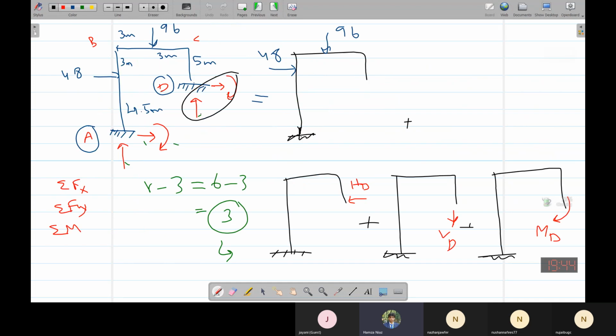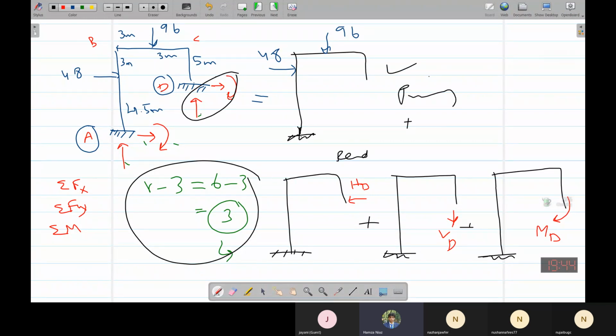We first calculate how much indeterminate our structure is, to which degree. Then we draw the primary structure as well as the redundant structures. The number of redundant structures would be equal to the degree of indeterminacy.